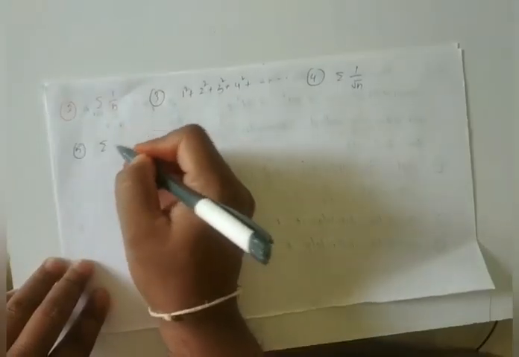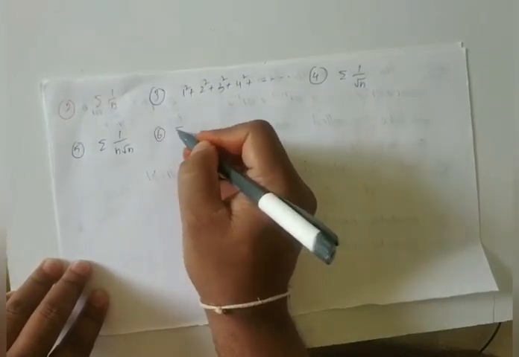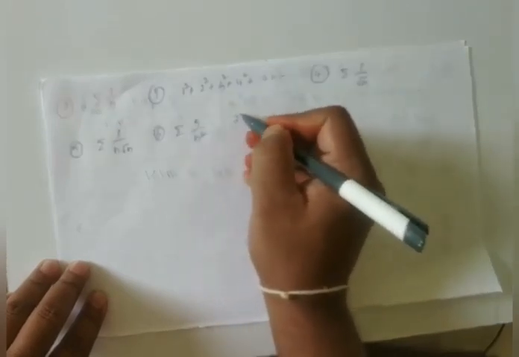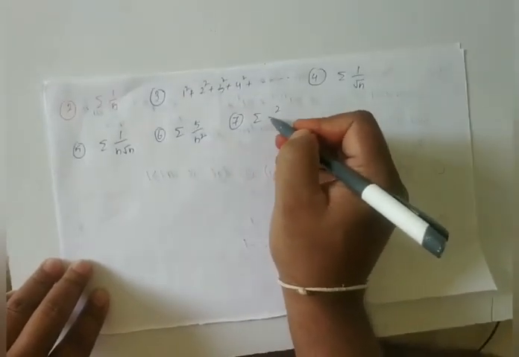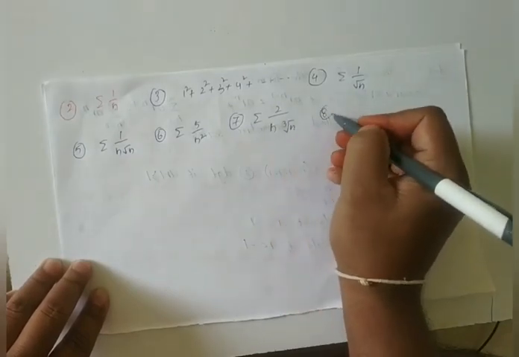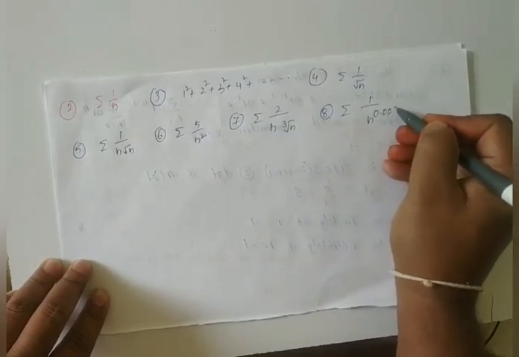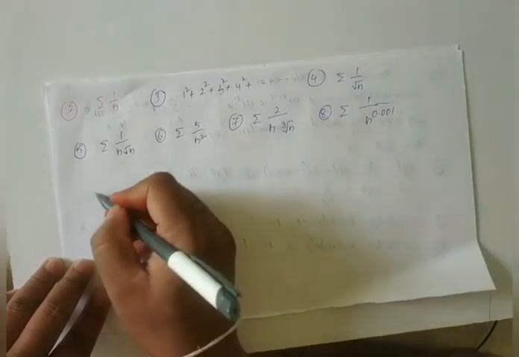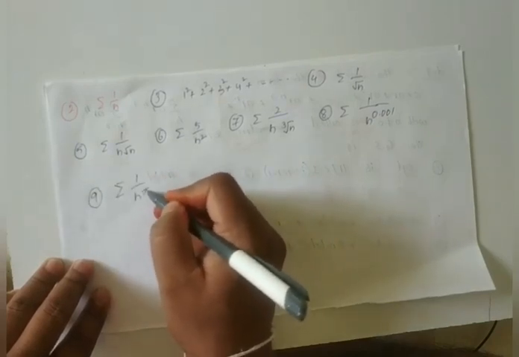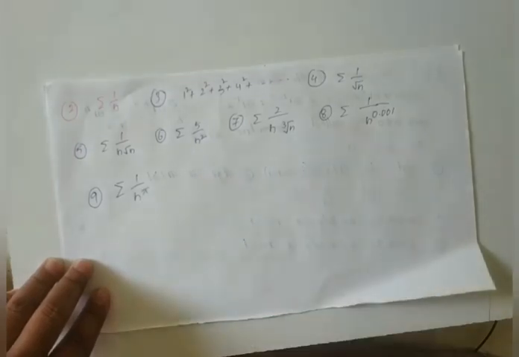Fifth one, summation 1 by n into root n. Sixth one, summation 5 by n square. Seventh one, summation 2 by n into cube root of n. Eighth one, summation 1 by n power 0.01. Ninth one, summation 1 by n power pi.